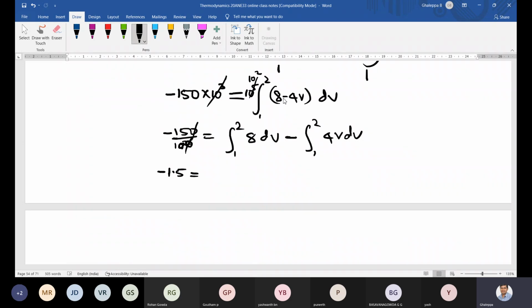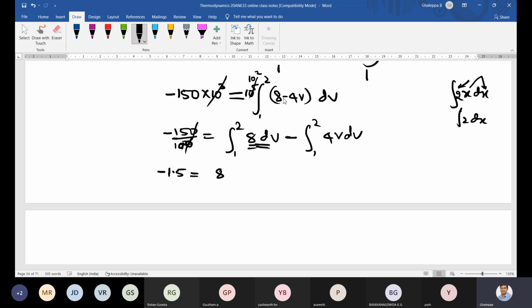So what is the integration of 8 dV? What is the integration of 2x dx? 2 is constant, x is variable. Here 8 is constant, take it outside. What is the integration of x dx?